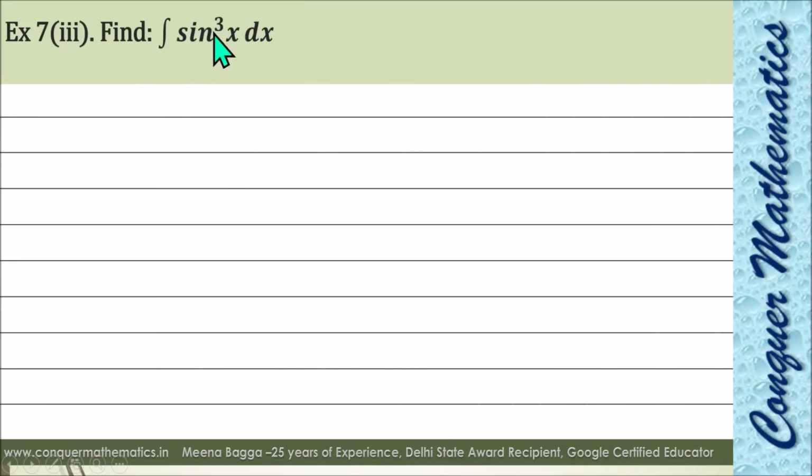Sine cube x. Sine cube x will appear in the formula of sine 3a. If we can recall, sine 3a is nothing but 3 sine a minus 4 sine cube a.